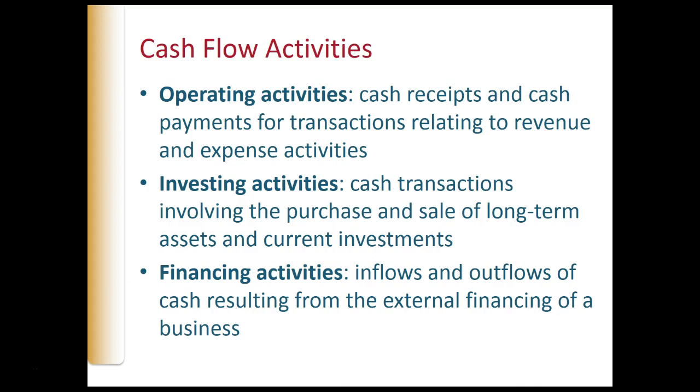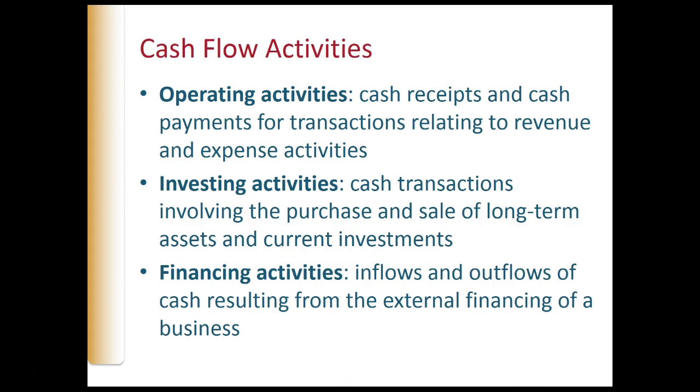Common examples of operating activities include the collection of cash from customers or the payment of cash for inventory purchases, salaries, and rent. Investing activities include cash transactions involving the purchase and sale of long-term assets and current investments.